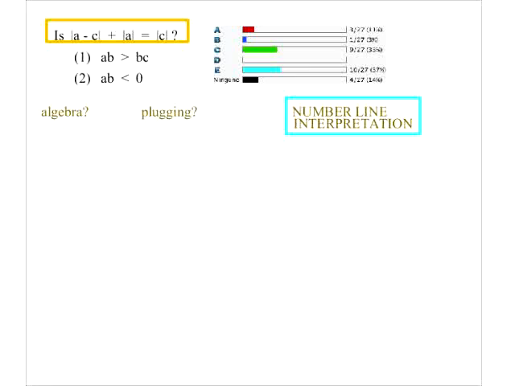Number line interpretation. What does absolute value mean on a number line? It means distance. So absolute value is distance.